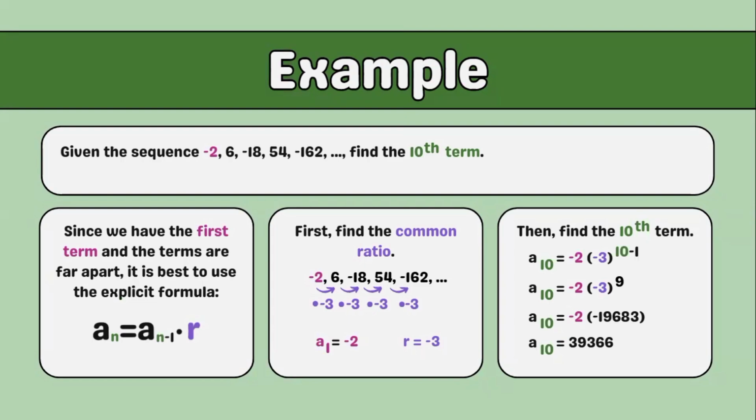We are asked to find a later term, but first let's identify the common ratio. If we divide consecutive terms, the ratio is negative 3. So the common ratio is negative 3. Because the term we need is far along, using repeated multiplication would be inefficient. Therefore, we use the geometric explicit formula.